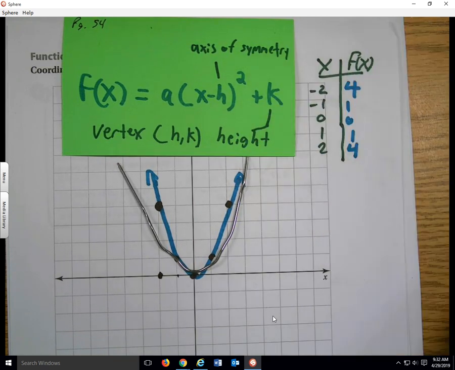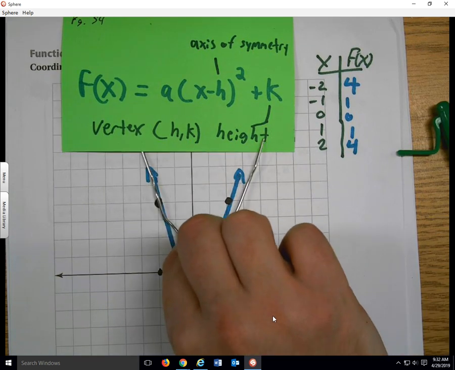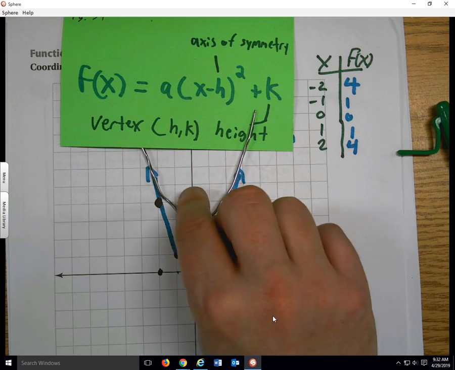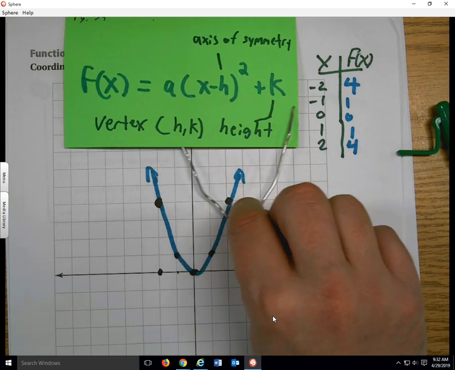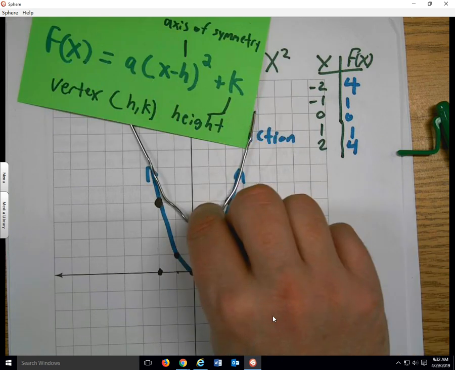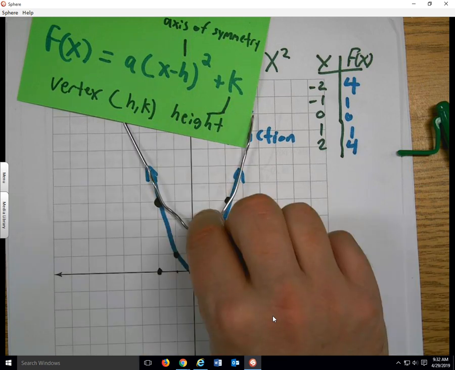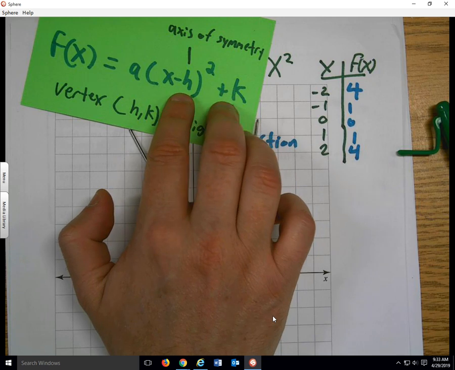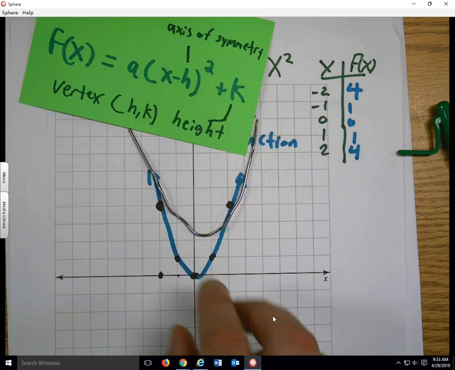So if this was a 3, this whole parabola would go up 3. And if this was a 4, it would go to the right 4. And if it were negative 4, it would go to the left 4. So it's just a translation according to these: up and down, left and right.